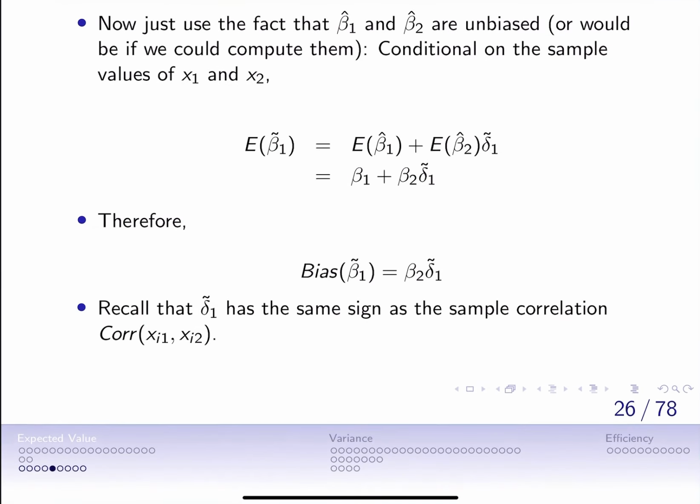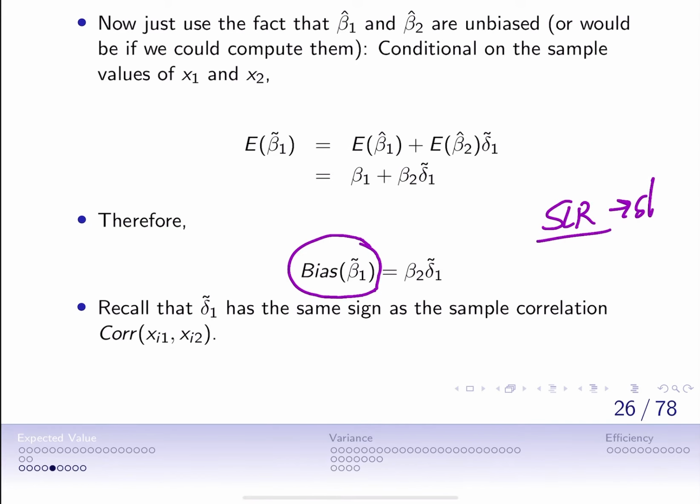Now we've talked about the bias, so I'm not going to go over this. You can look into this, but basically if you went from a simple linear regression model to a multiple linear regression model, we can always think about the bias in the simple linear regression case of that slope coefficient.